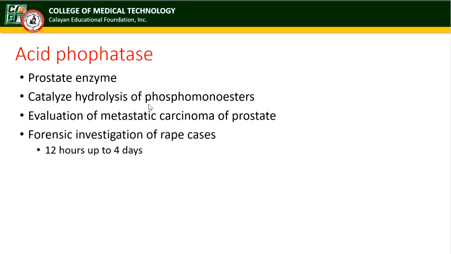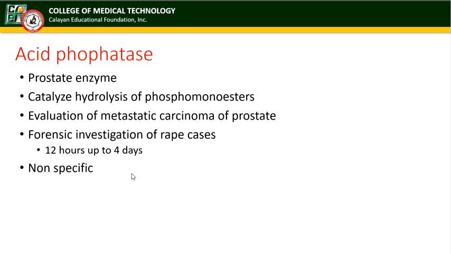It can still be detected for 12 hours up to 4 days. So you can get a sample, then test it for acid phosphatase. If acid phosphatase is present at high levels, then it is a possible rape case.